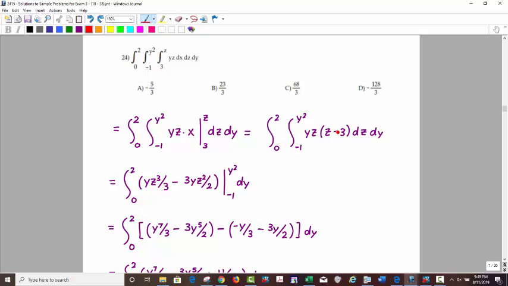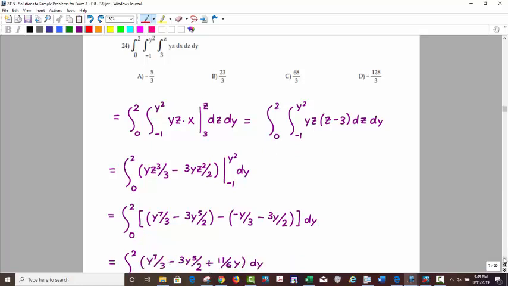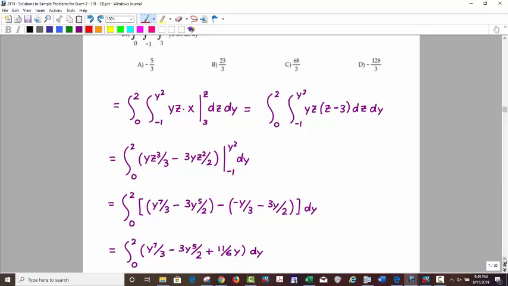And this is negative 3yz, which makes it negative 3yz squared over 2. So I did a couple steps at once. You don't have to do that, obviously. Put in y squared, put in negative 1.